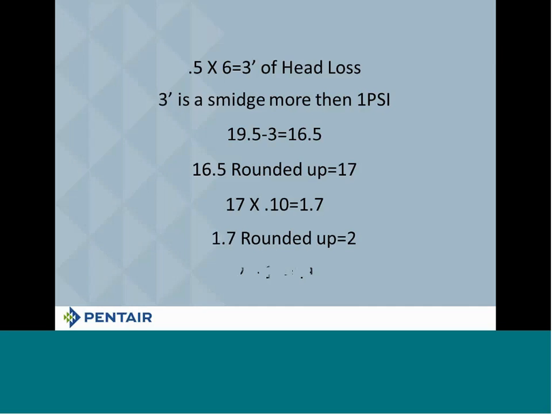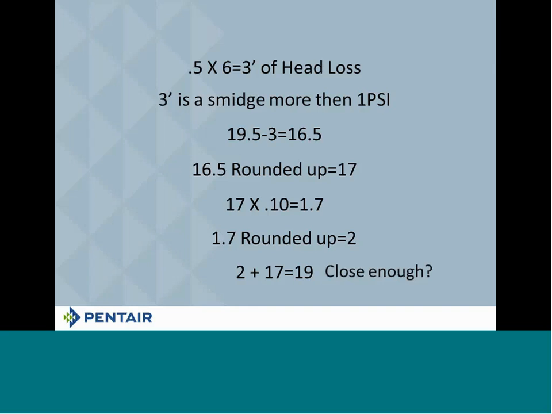Now I'm going to round that 1.7 up to 2. I like to round up just in case. And if I add that 2 to my 16.5, which we rounded off to 17, it gives me 19 feet of friction loss. It was 19.5, and now we're getting 19. You can see that the 10% rule works pretty much too.